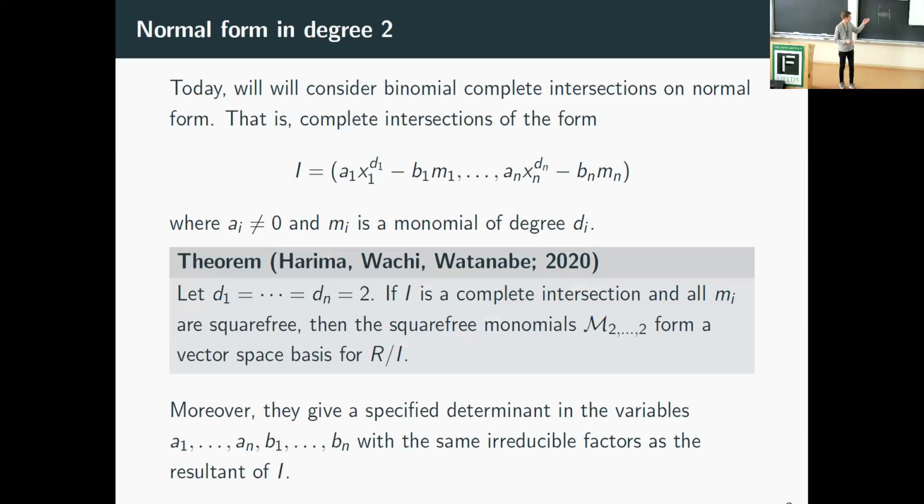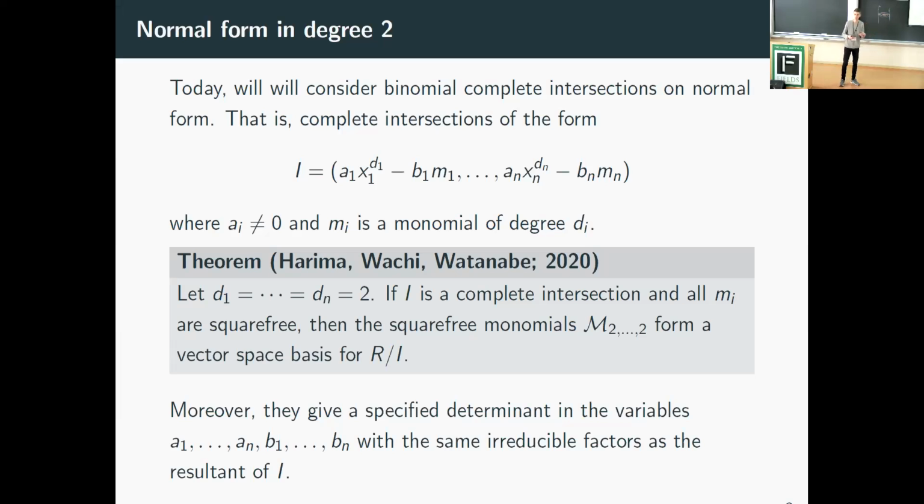We have the following theorem from Harima, Wachi, and Watanabe from 2020 that says if we are in the quadratic case and this I here is a complete intersection, and moreover all of these second terms in the binomials are square-free, then the square-free monomials, which we denoted M of 2,2,...,2 from the notation from before, are a vector space basis for the quotient.